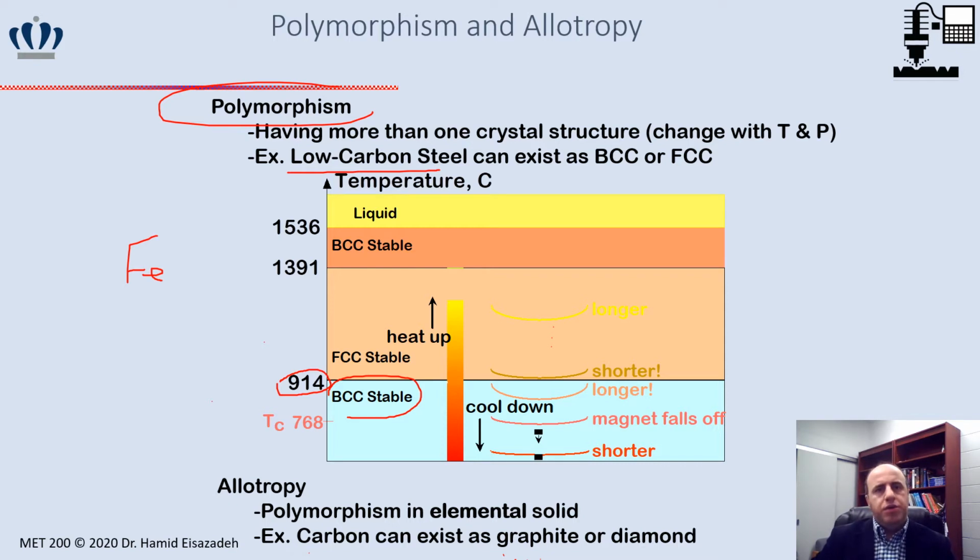Then around about 1400 degrees Celsius, it will transform back to the BCC structure. This is a characteristic that we use in heat treatment to change the mechanical property of low carbon steel or other types of steel, and it can be beneficial.